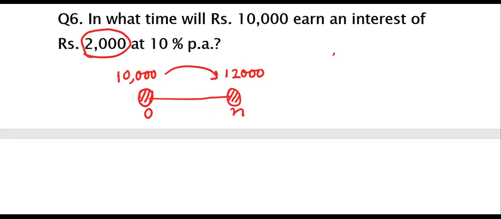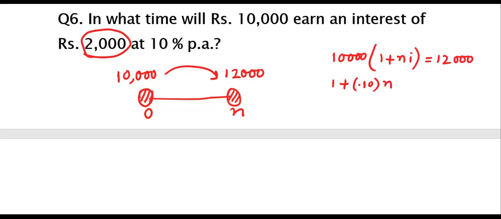So you apply the formula 10,000 times 1 plus n i is equal to 12,000. i is 10%. So 1 plus 0.10 n. 12,000 divided by 10,000, that will be 12 divided by 10.